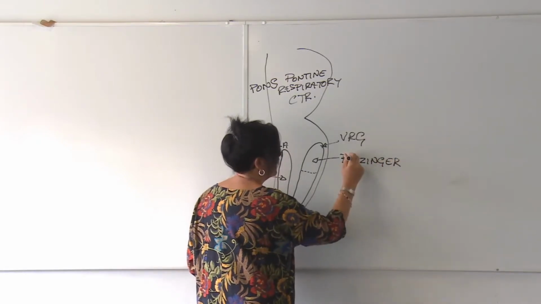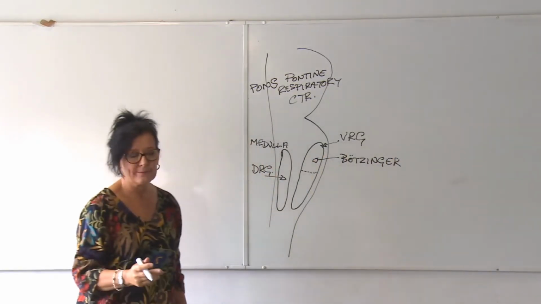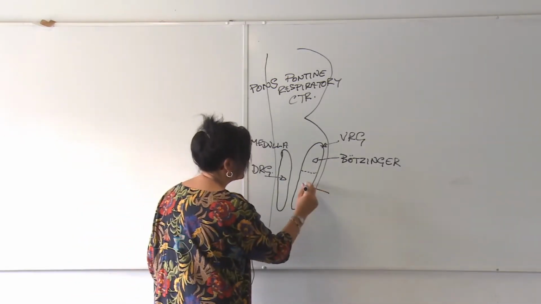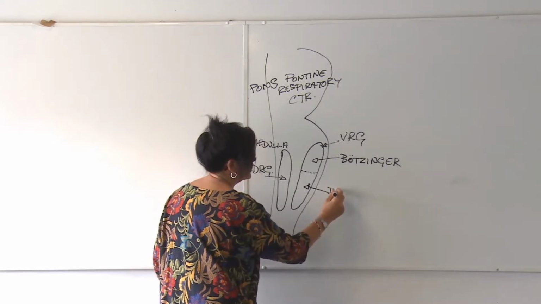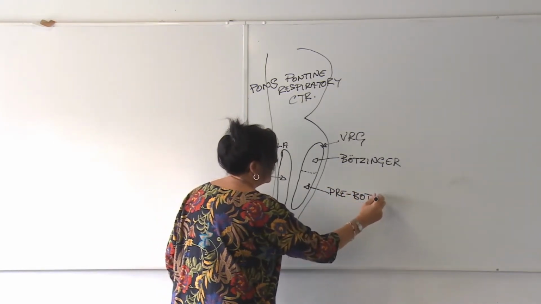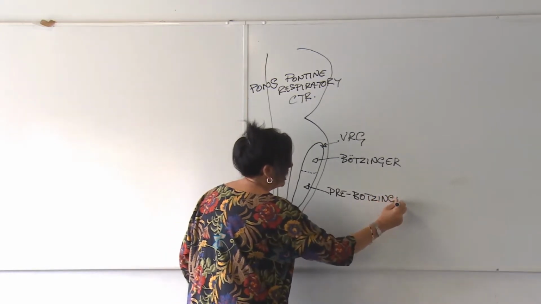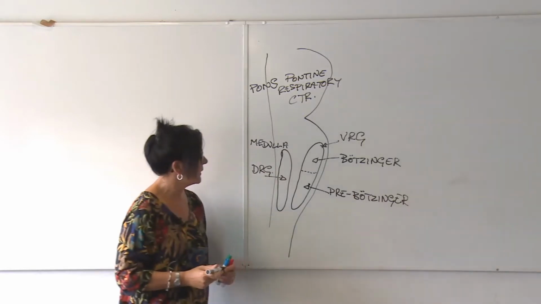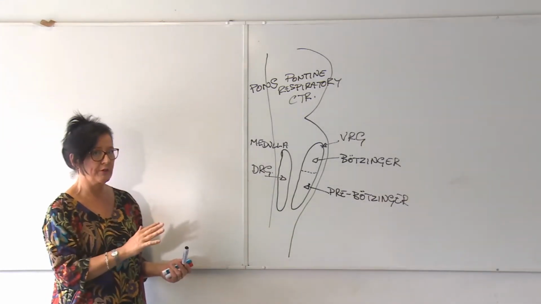Mustn't forget the umlaut. Below it, we have what's known as the pre-Bötzinger complex. And that's our ventral respiratory group.